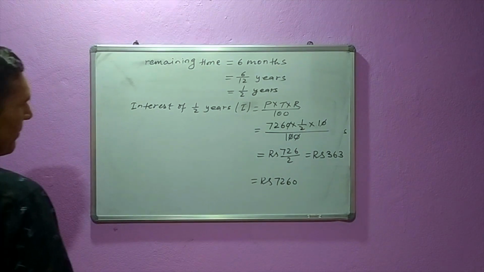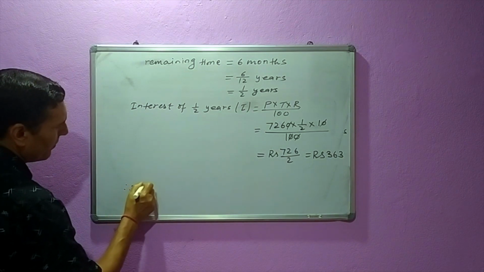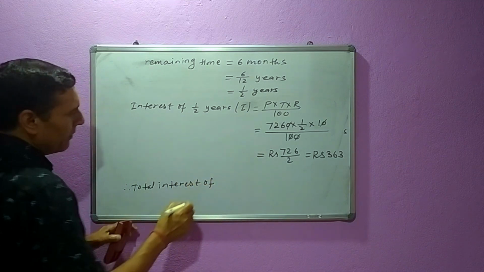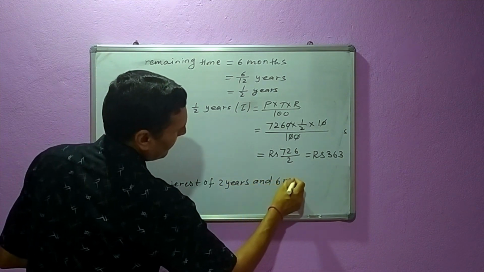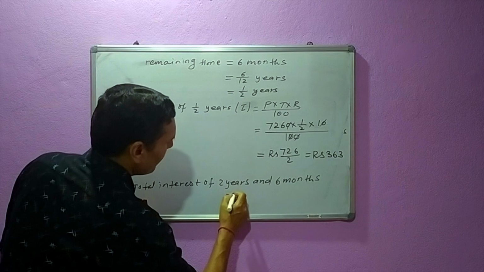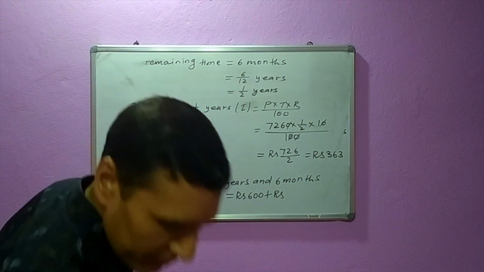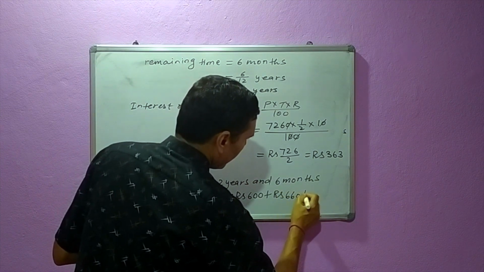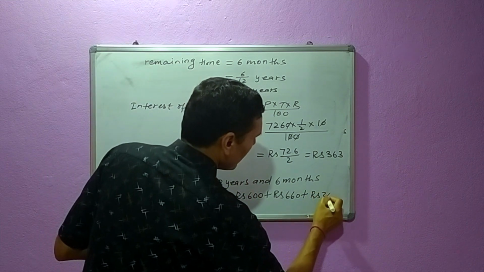So what is the total interest? Total interest of 2 years and 6 months is equal to interest of first year, which was rupees 600, interest of second year 660, and interest of half year 363.